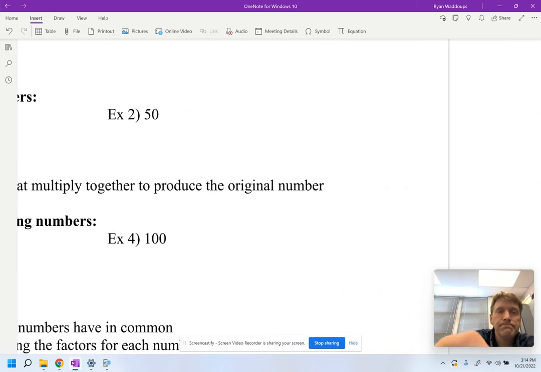If we look at 50, we'd start with 1 times 50 is 50, and 2 times 25. 3 won't go into 50. 4 will not go into 50. 5 goes into 50 5 times.